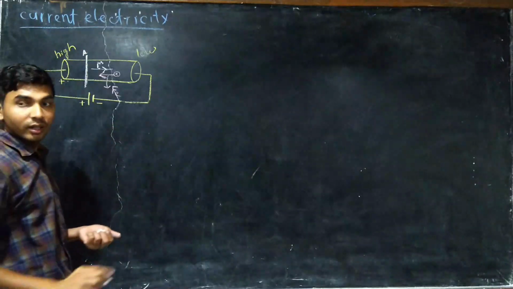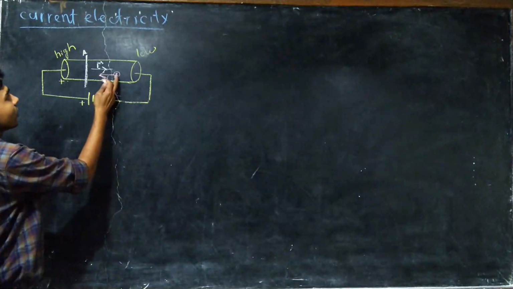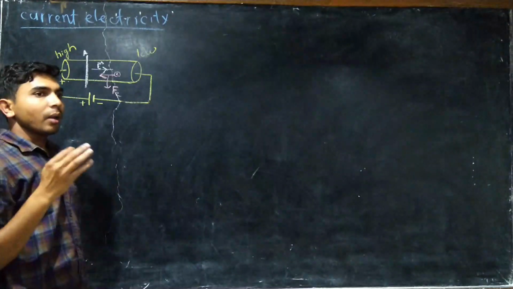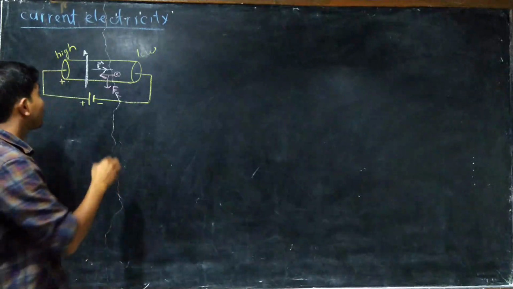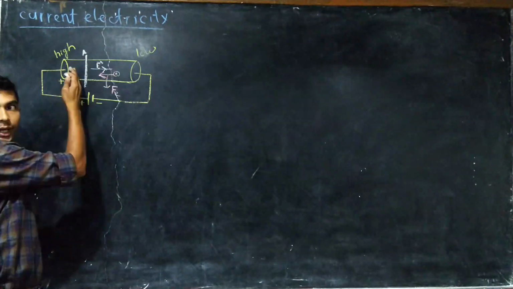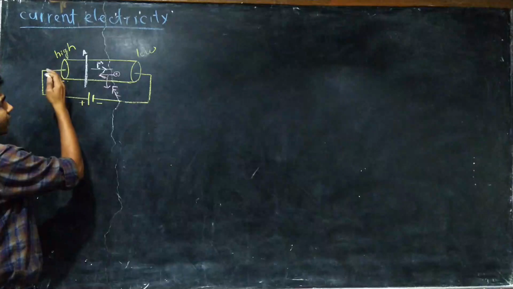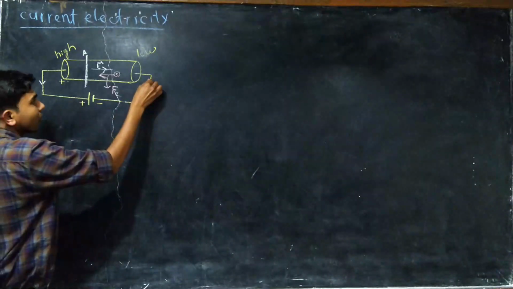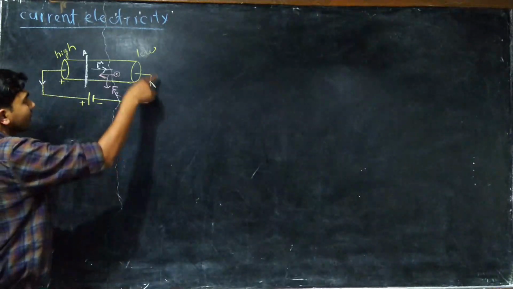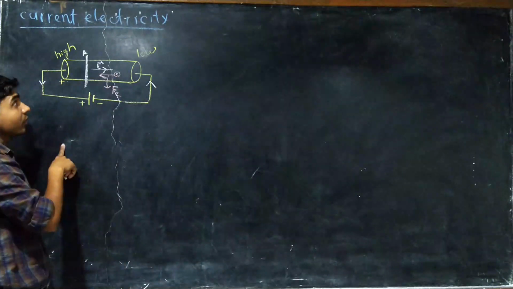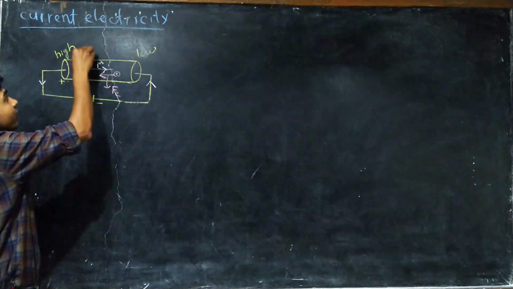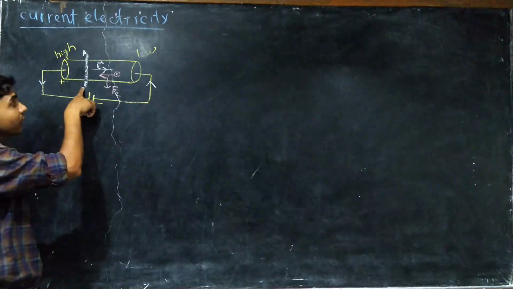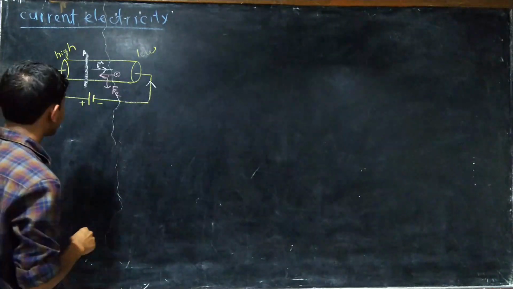Suppose A is the area. The conductor has many free electrons, so all the electrons start moving in this direction, coming to this point and going inside the conductor again. That means some charge is crossing this area, right?